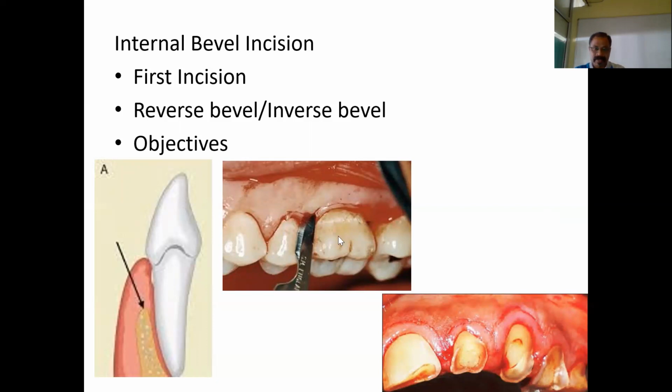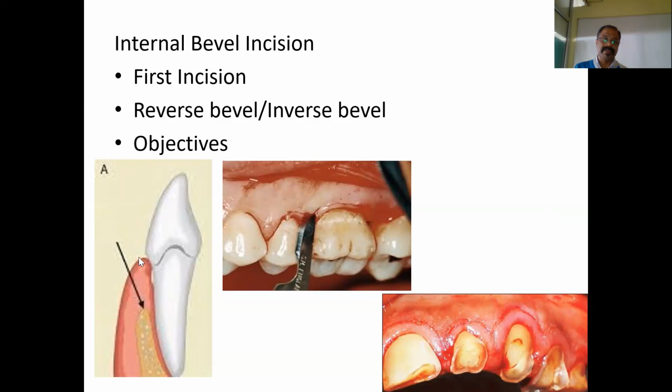When you see this diagram, the blade is held parallel to the long axis of the tooth. The distance could be 0.5 to 2 millimeters. 0.5 to 1 millimeter goes with your modified Widman. If it is 1 to 2 mm, that is your original Widman flap. It is almost parallel to the long axis of the tooth, aiming at your alveolar crest.